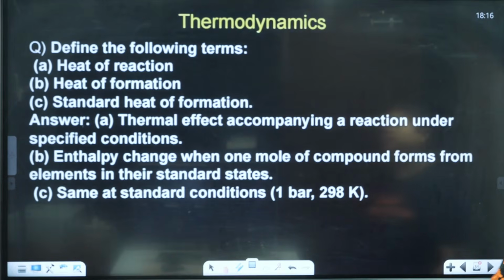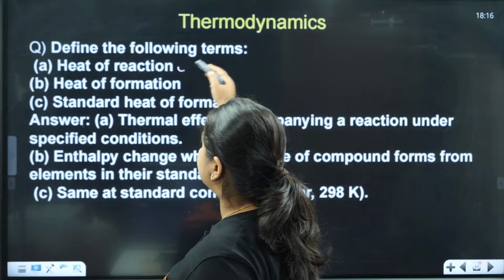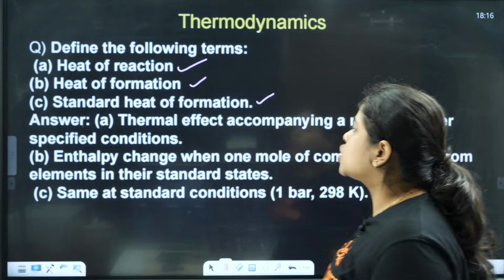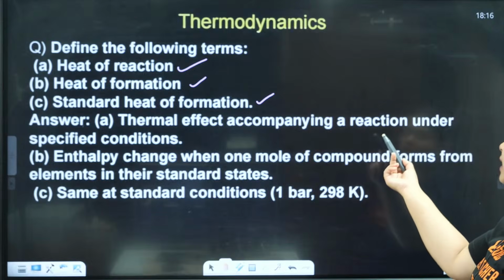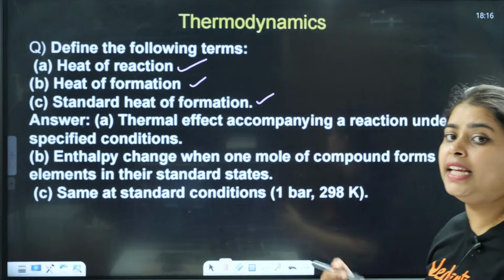Next one. Define the following terms: heat of the reaction, heat of formation and standard heat of formation. The thermal effect accompanying a reaction under specified conditions is called the heat of the reaction.